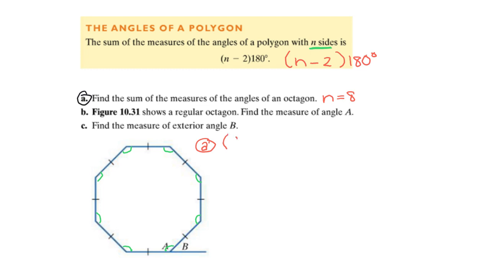I'm going to substitute in 8 for n in n minus 2 times 180. And when we calculate this, we find that the sum of the angles is 1080 degrees.